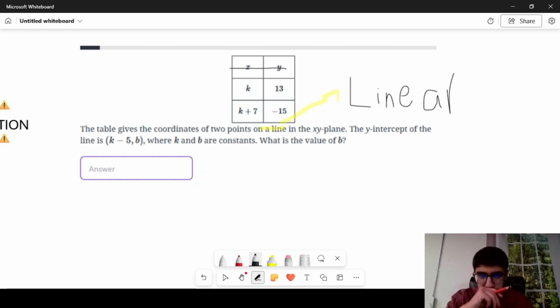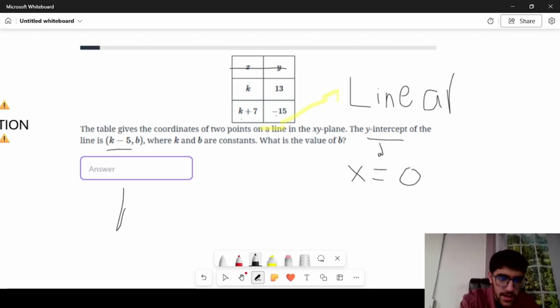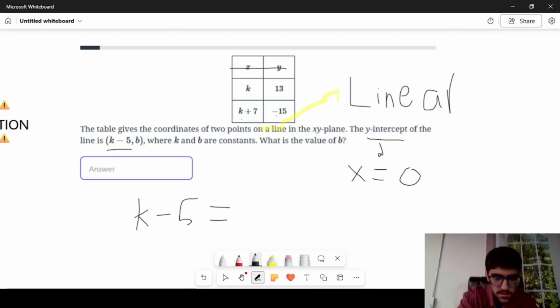There's k and b. So we have the points (k, 13) and (k plus 7, negative 15). We're told that the y-intercept of the line is (k minus 5, b). The y-intercept of the line happens at x equals 0. So that would mean that k minus 5 is equal to 0.